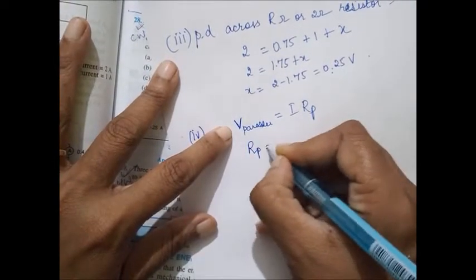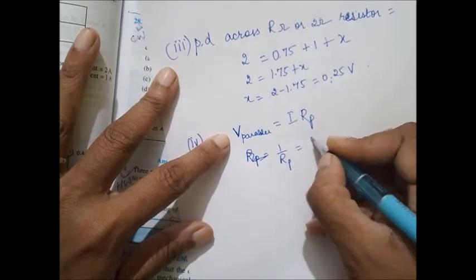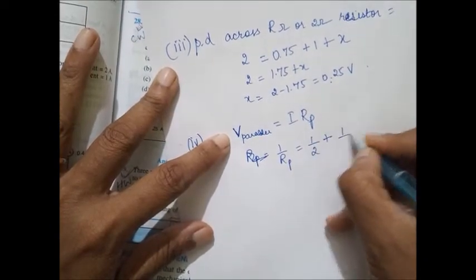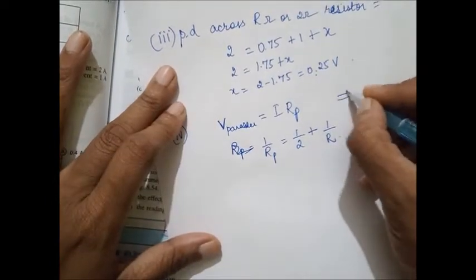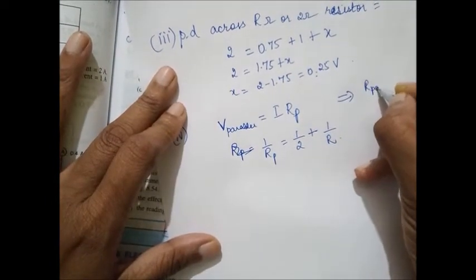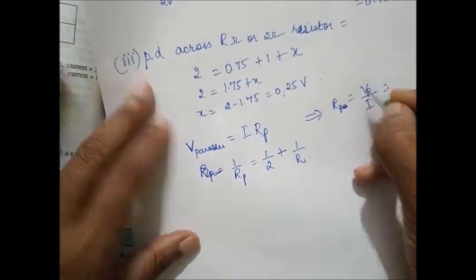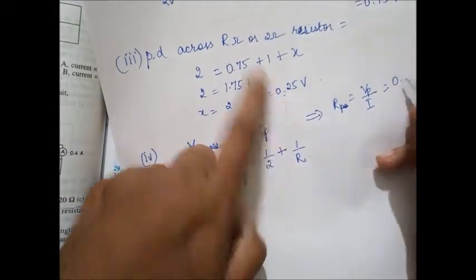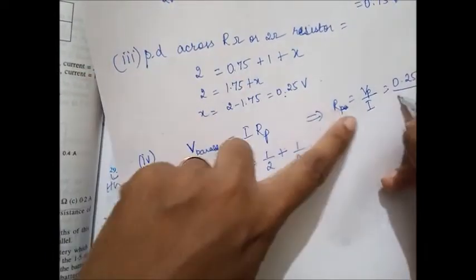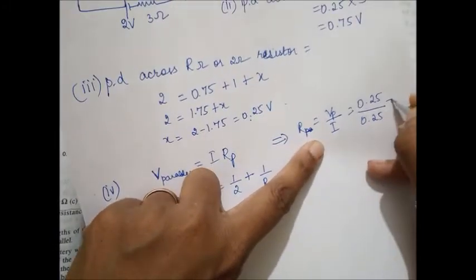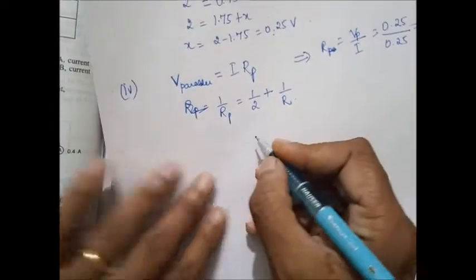Now what is our R parallel? 1 by Rp is equal to 1 by 2 plus 1 by R. So from this, R parallel will be V parallel by I, that is 0.25 upon current is also 0.25. So it will be 1 ampere.